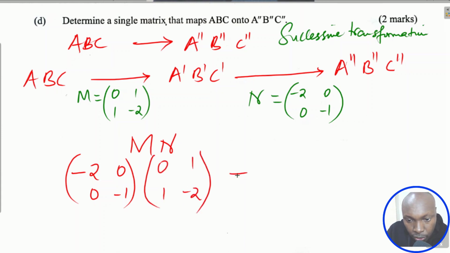So this will give a single matrix of transformation that would map ABC to A double prime, B double prime, C double prime. Simple as that.